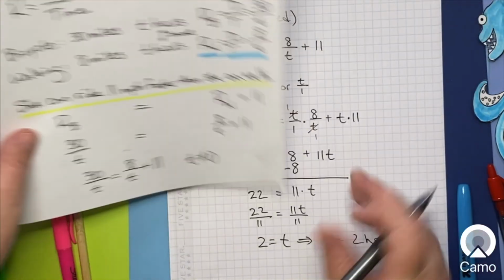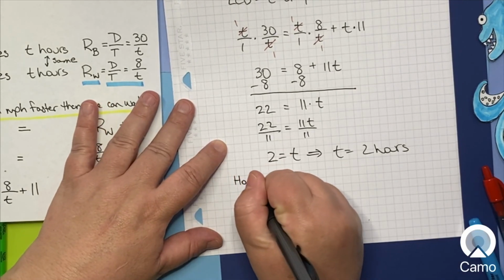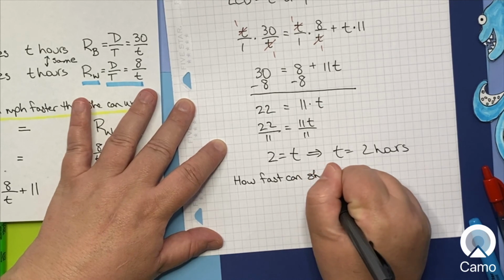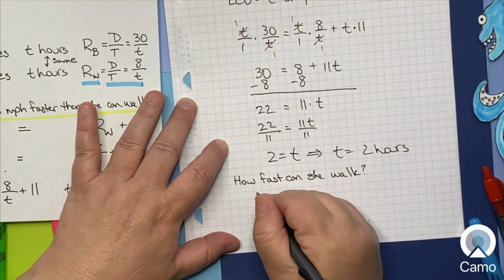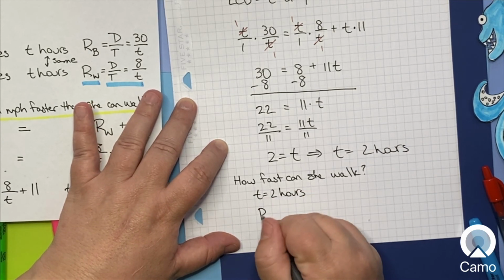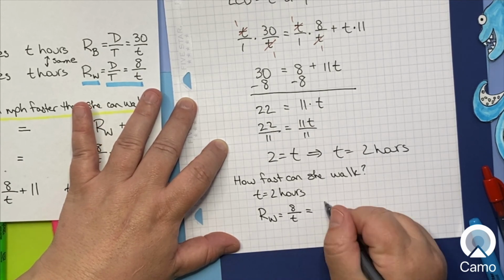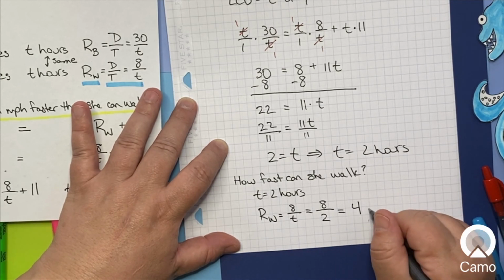So let me write this out. How fast can she walk? Well, if t equals 2 hours and her rate of walking is 8 divided by t, that means it's 8 divided by 2, which means it's 4.